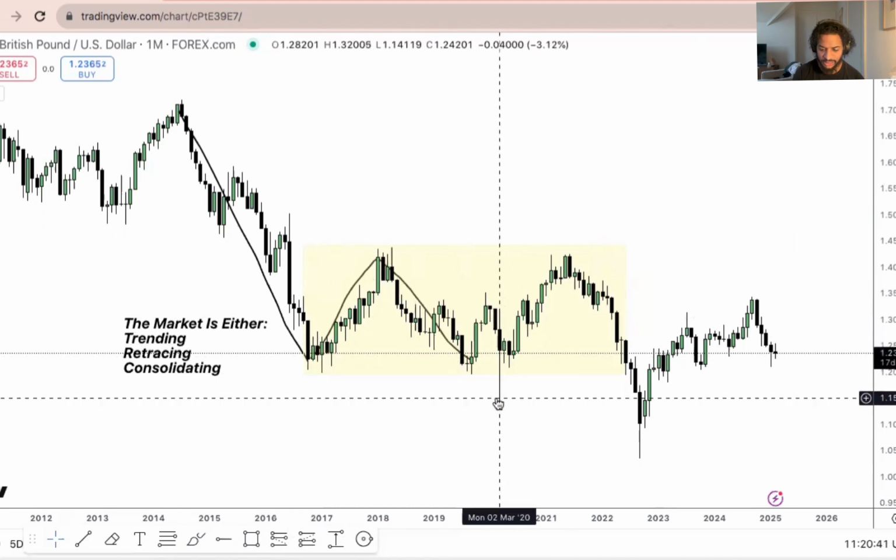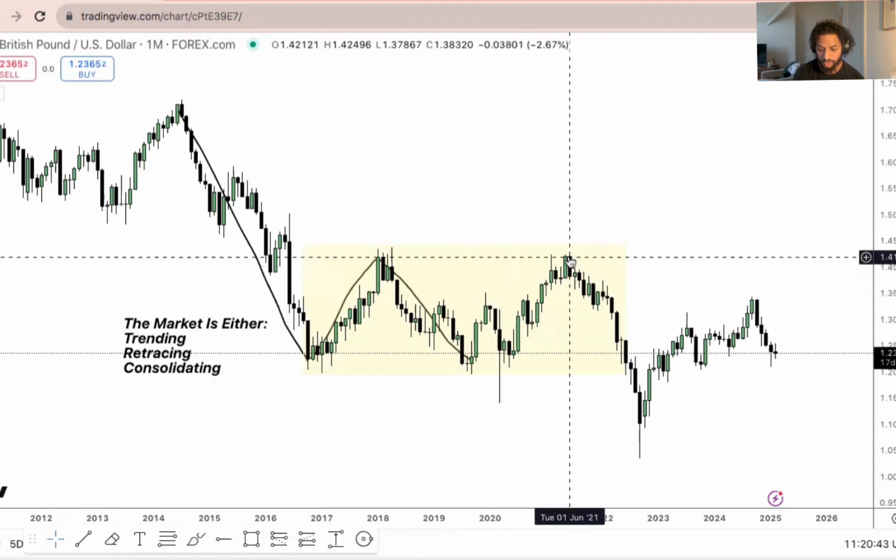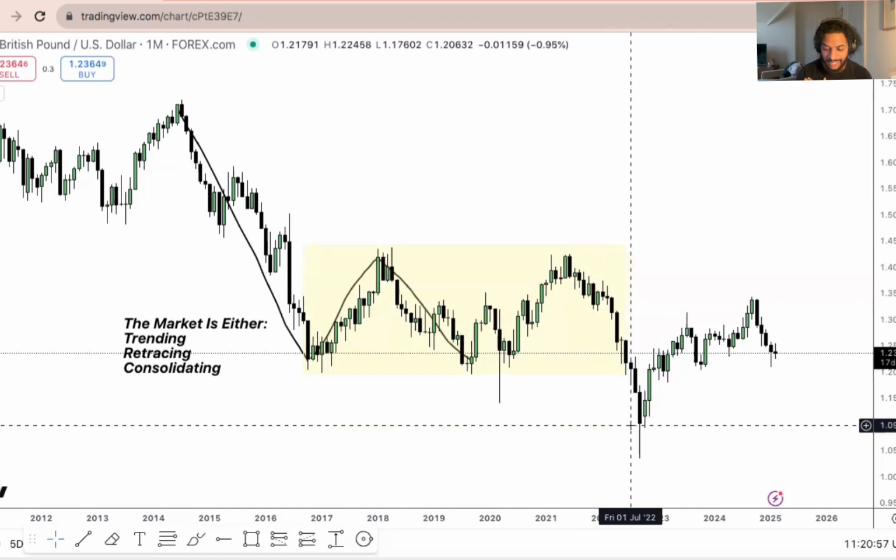If you think about 2016 to 2020 or even 2021, that's 5 years of it going up and down on the monthly time frame. But that doesn't mean we can't catch moves on the daily and weekly time frames. Of course we can. That's why I'm saying don't think too far back.